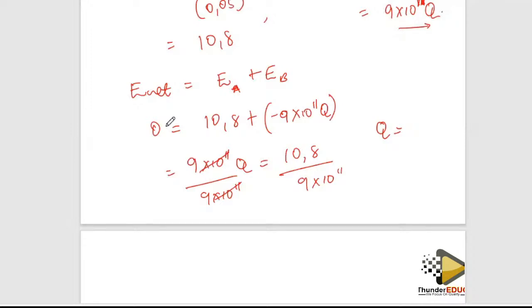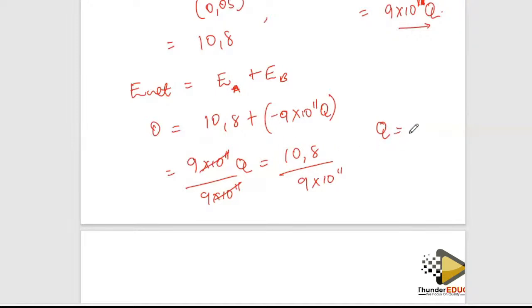And then my Q, then divide by that, you're getting something big. Divide by 9. How do you get to 10^8? Divide by 9 times 10 to the exponent of 11.